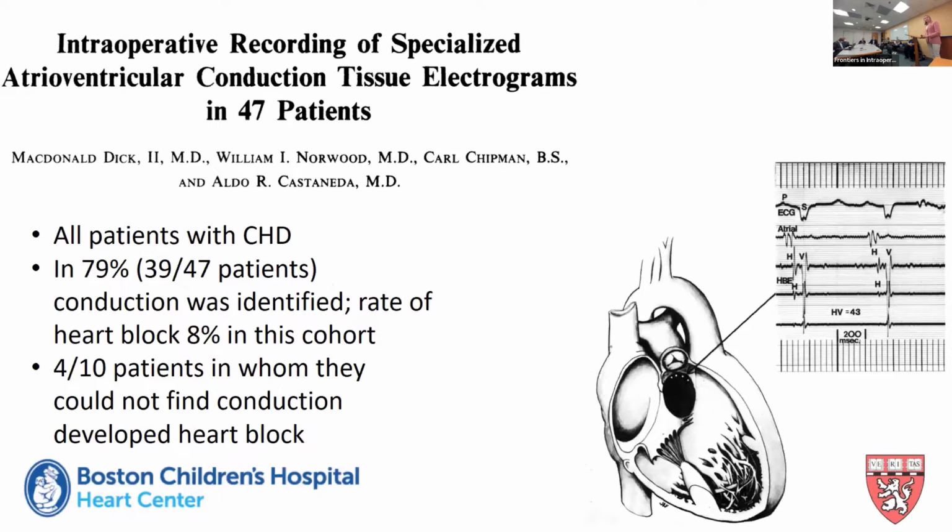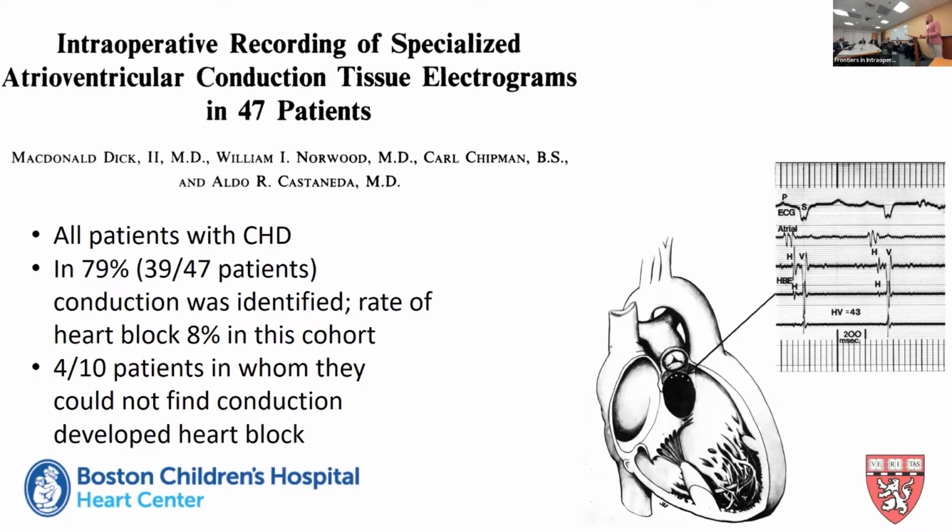And Dr. Dick, when he came back to Children's and started implementing this here with Dr. Castaneda and Dr. Norwood, described our experience here at Boston in 47 patients in whom this technique was applied. All the patients had congenital heart disease, and many of them had canals. And in 80%, they were able to identify the location of conduction at the time of surgery. They had a rate of heart block of 8% in that cohort, which was quite good for that era.